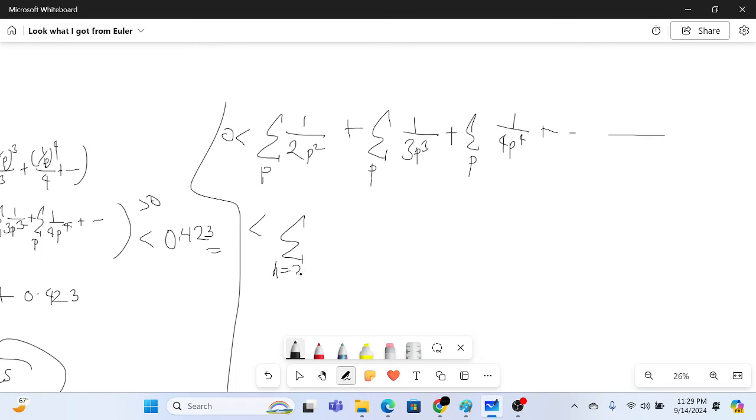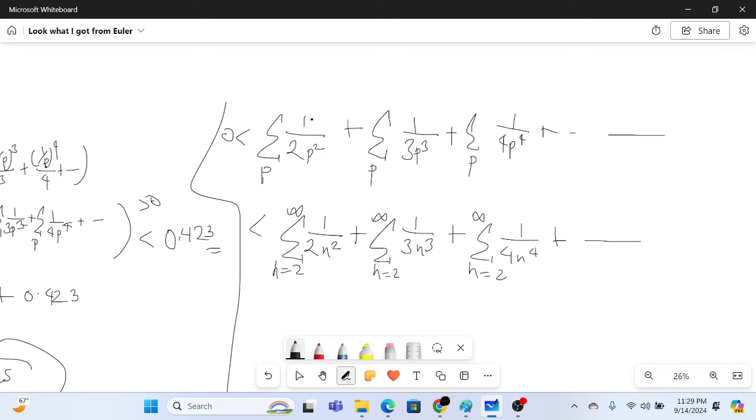n equals 2 to infinity of 1 by 2n square plus sum from n equals 2 to infinity of 1 by 3n cube plus sum from n equals 2 to infinity of 1 by 4n to the power 4 and so on.